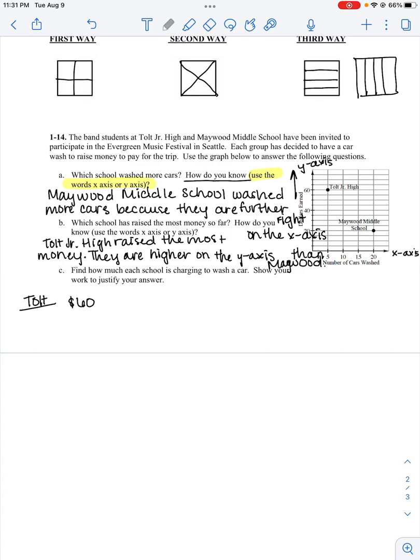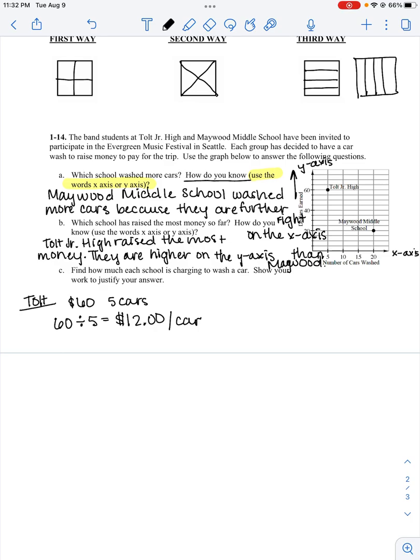How much did they charge to wash each car? Well, I can think about it as if I divide 60 by 5, I find out that they charge $12 per car.